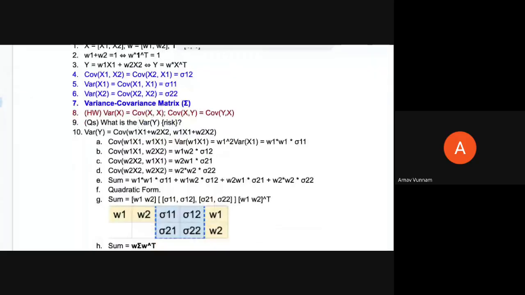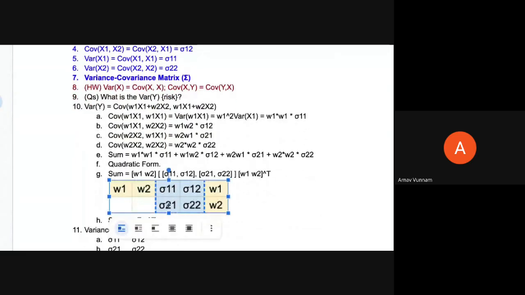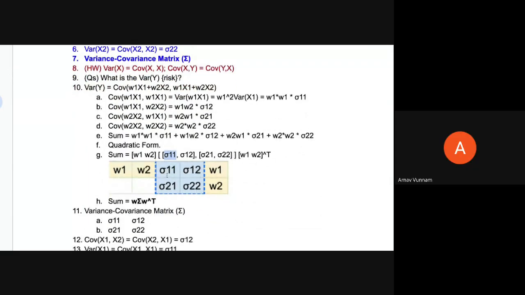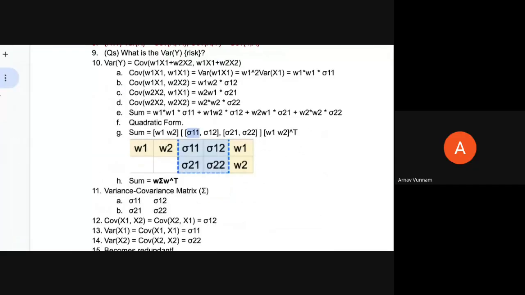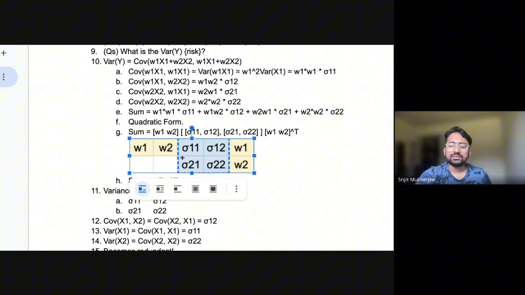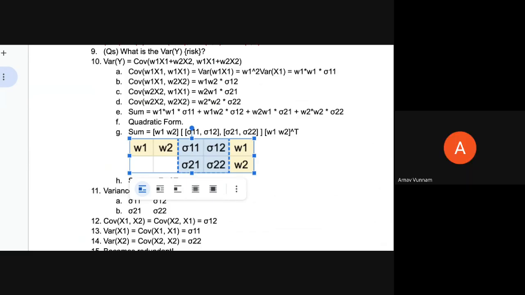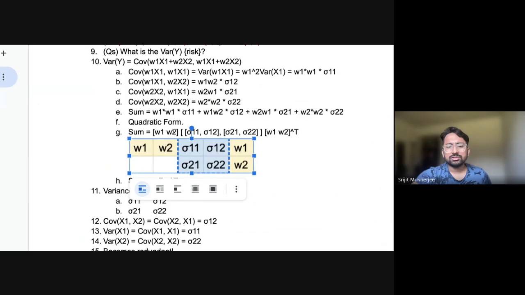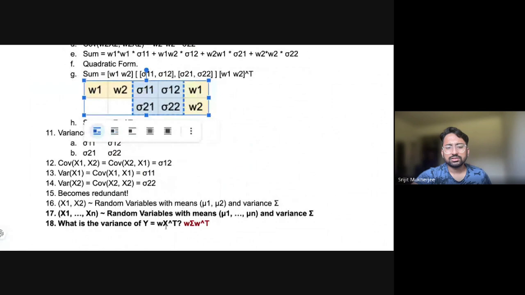Is W1, W2 supposed to be above the sigma notation ones, like the covariances and variances, or no? No, it's like two matrices, like how you do matrix multiplication. There is no above or below. Oh, I see. It just looks like this.